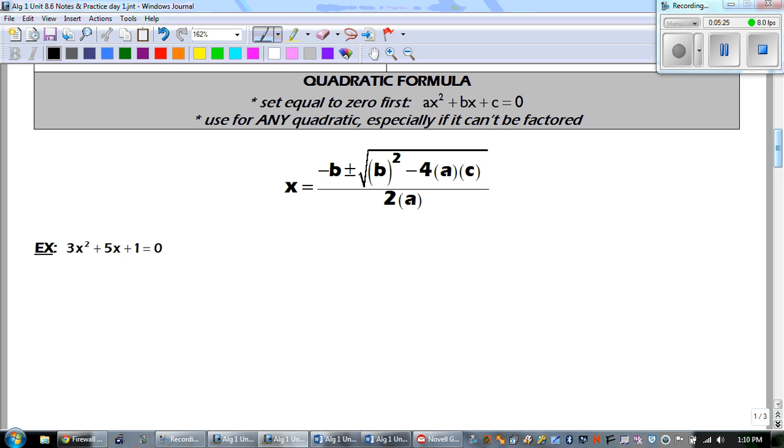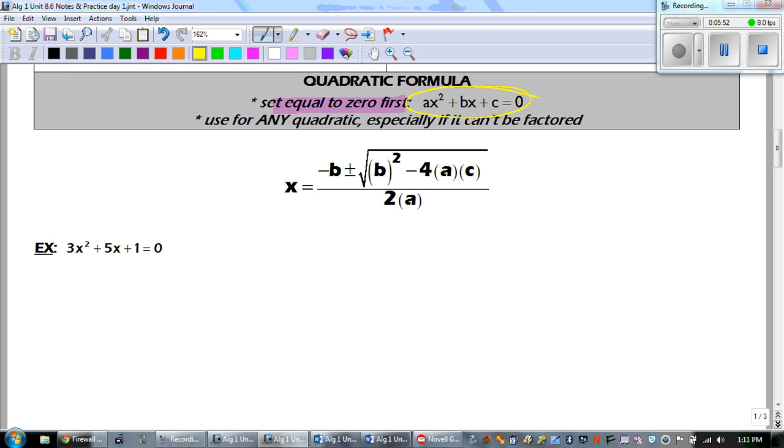Now, the quadratic formula. The first thing, just like all the other ones, is we want it set equal to 0. Here's how it should look: ax squared plus bx plus c equals 0. And we can use this for any quadratic, especially if it can't be factored.